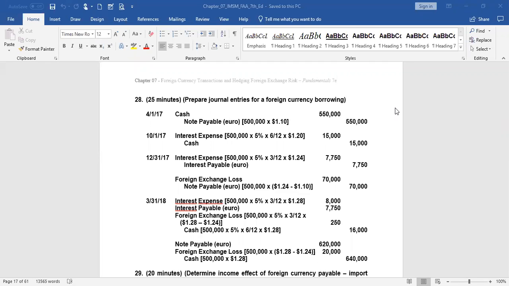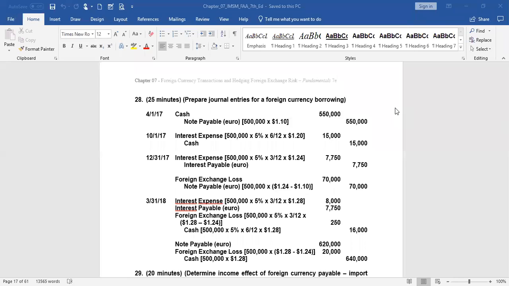It costs us more in United States dollars. So take the 14 cents times 500,000. That's a $70,000 foreign exchange loss. And you just calculate it on the principal. So debit foreign exchange loss, 70,000, credit notes payable, 70,000, because if we paid back this loan on December 31st, we would have been paying $620,000, 500,000 times $1.24.